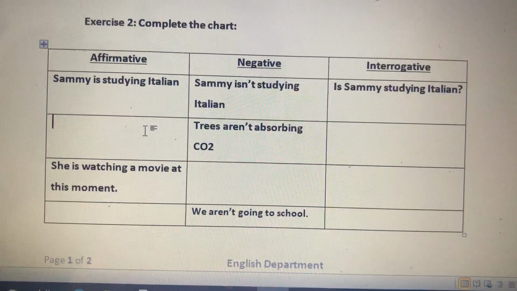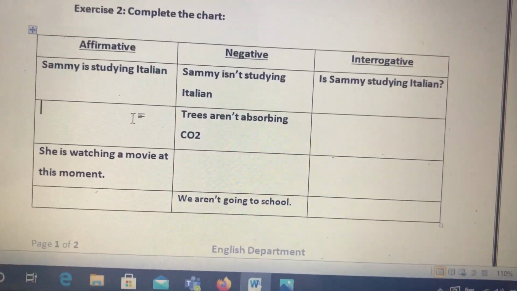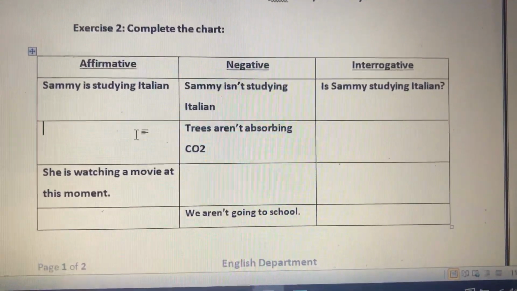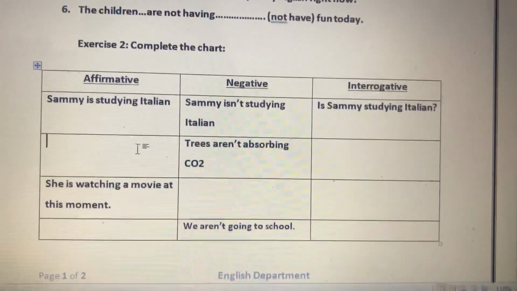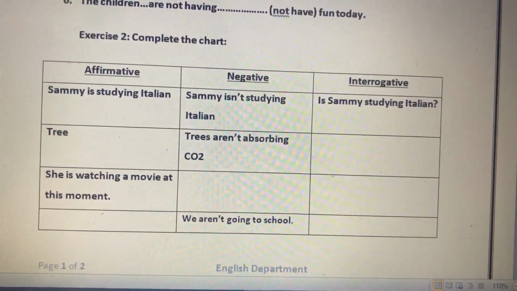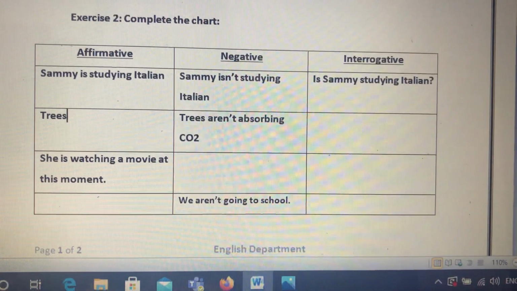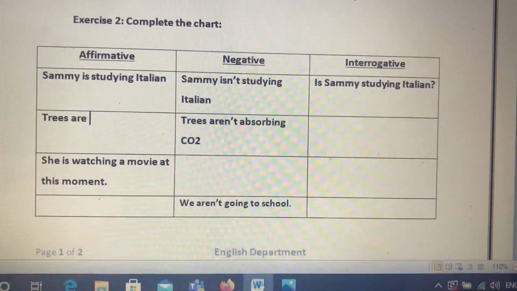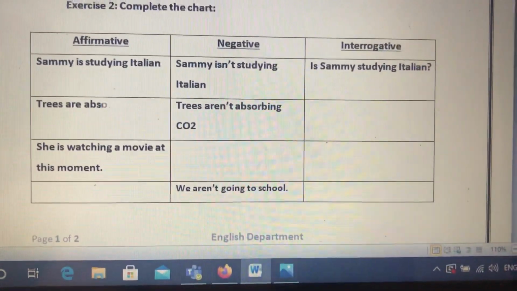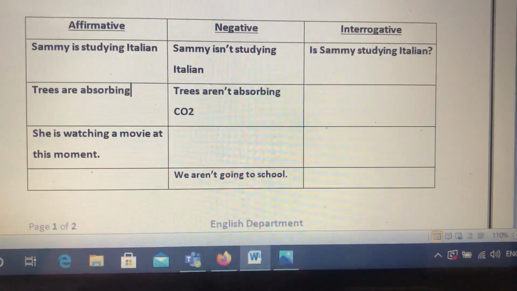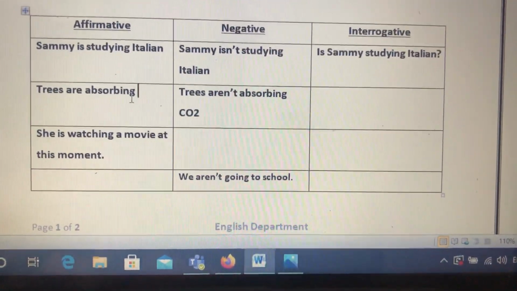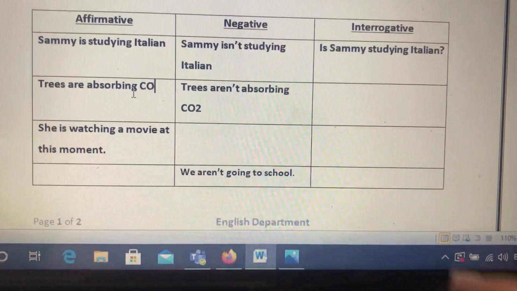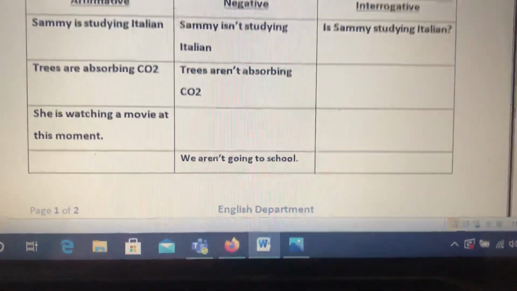Trees aren't absorbing CO2. In the affirmative form, it will become trees are absorbing CO2.